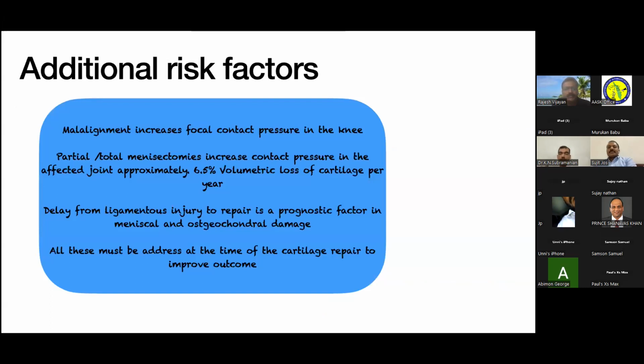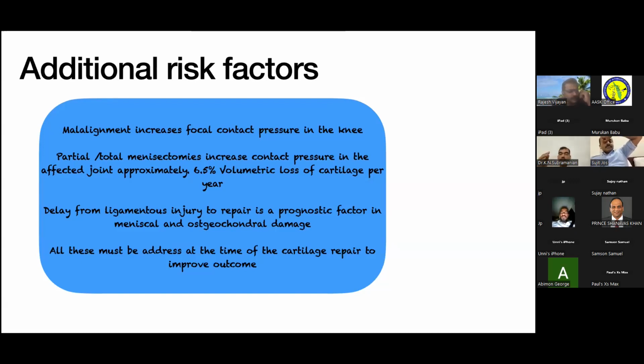One very important message I want to give today is, when you are dealing with any cartilage problem, try to look into malalignment issues. If they have a malalignment issue, I think it needs to be addressed first. Anyone who had a total or partial meniscectomy also has a role to play. We need to address those things before embarking on a cartilage surgery.